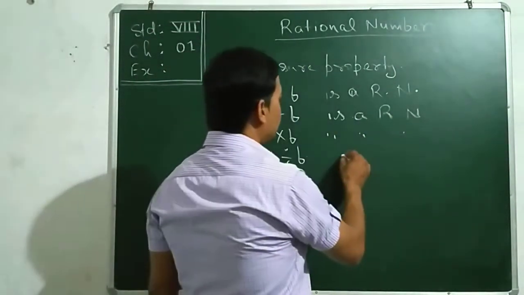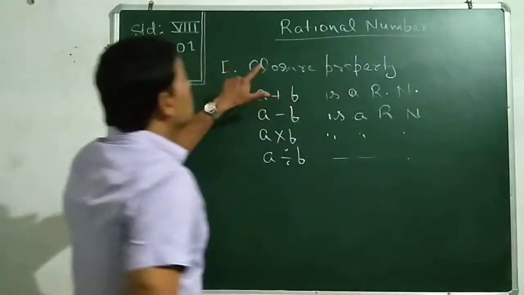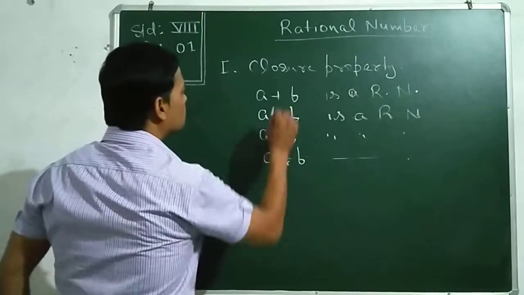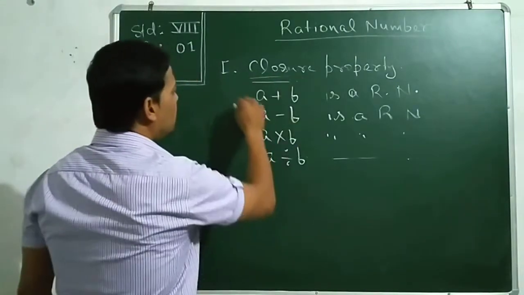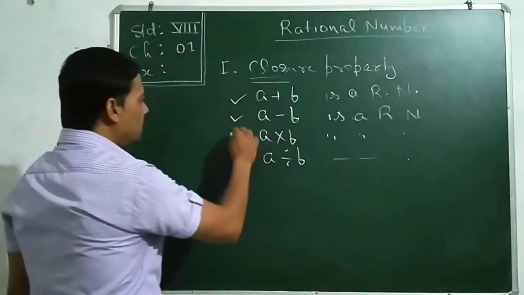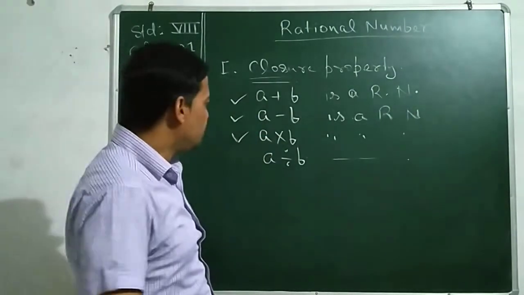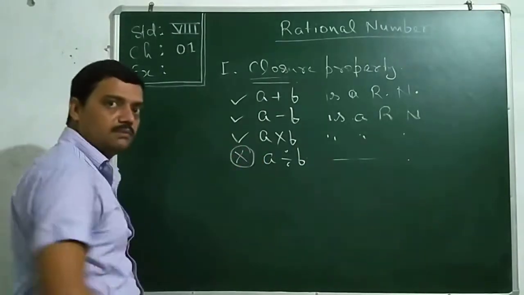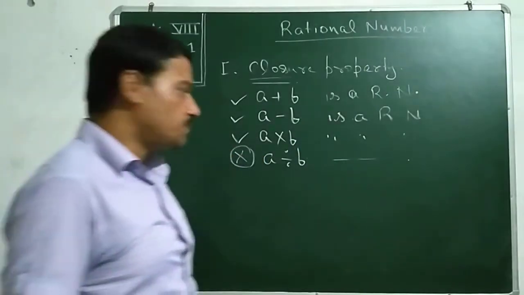So rational numbers are closed under addition, subtraction and multiplication, but in case of division the closure property does not apply.